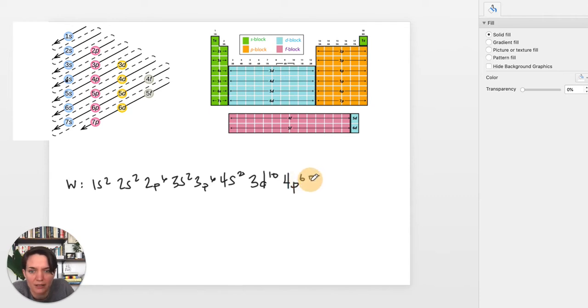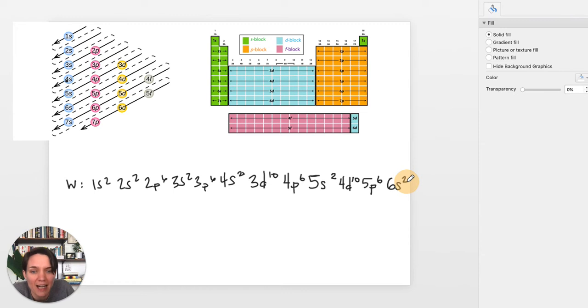Now I'm done there. I'm ready to head into 5s2. And I go to my 4d10, 5p6. Then, so 5p6 is filled. Now I'm at my 6s2.